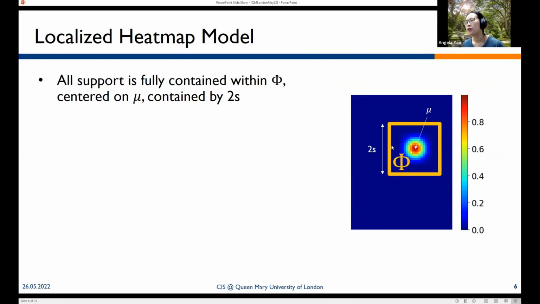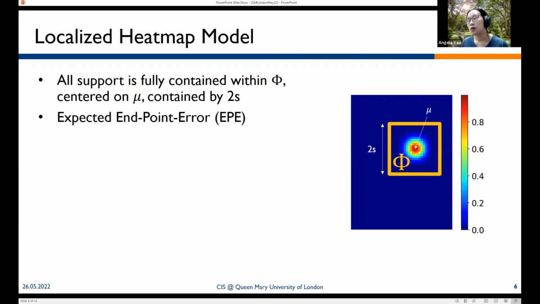We further assume that this area of support can be localized, centered on some location mu, and contained within 2s as the boundary. So all of the significant support for a specific joint is contained within phi.